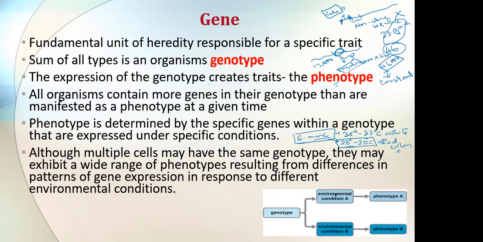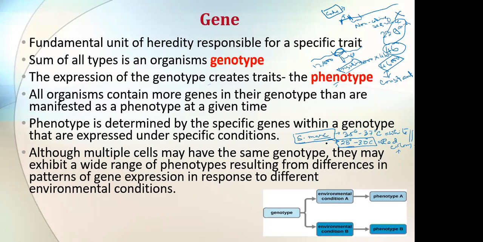But if you live in a cold temperature, cold weather, polar region, then your skin will be lighter. So that's the environmental effect. The same gene, like for Serratia, the same gene that is responsible for the body color, because of the different temperature, is expressed in a different way, meaning it makes a completely different protein.